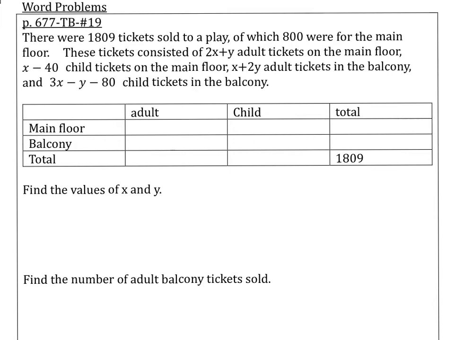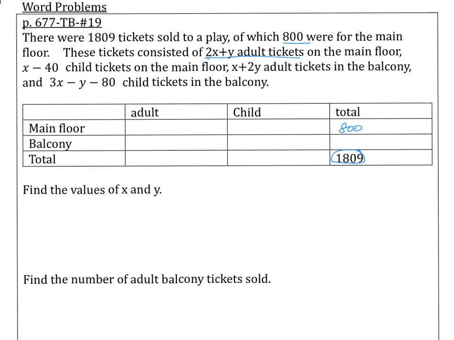Okay, let's look at a slightly more complicated two-way frequency word problem. There were 1,809 tickets sold to a play. So basically, I already typed the total here for you, of which 800 were for the main floor. So main floor, I will put the total here. And these tickets consisted of 2x plus y adult tickets.